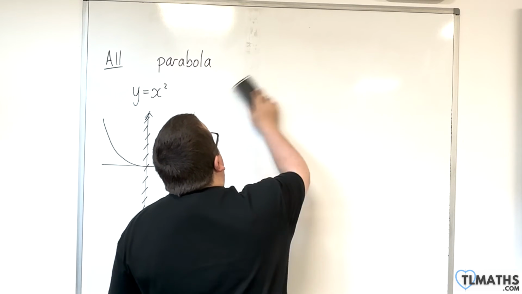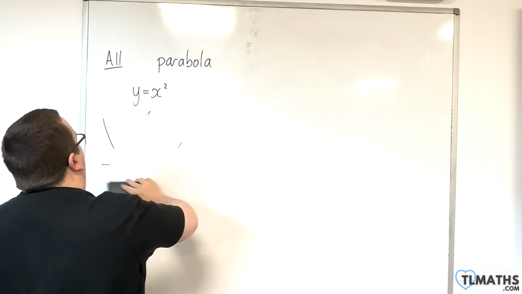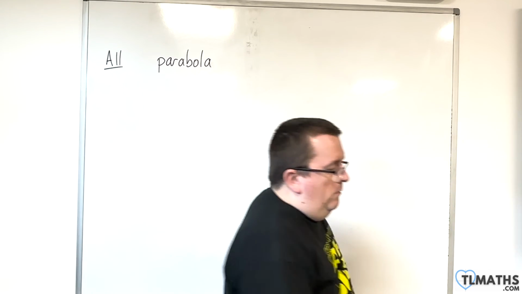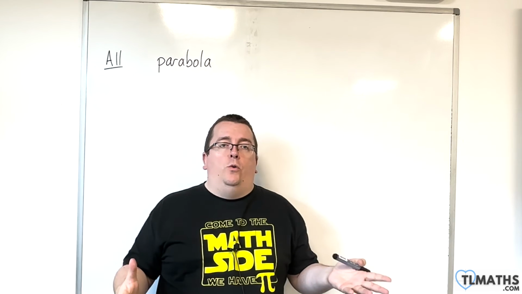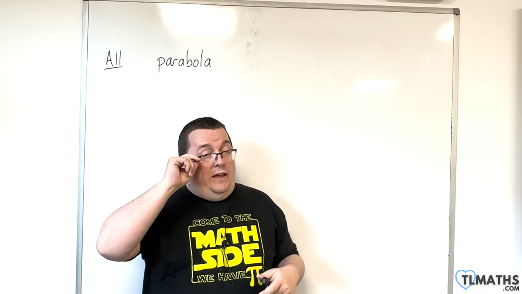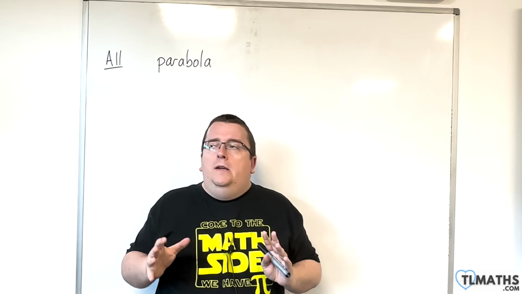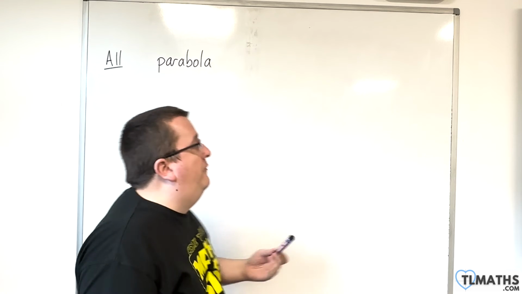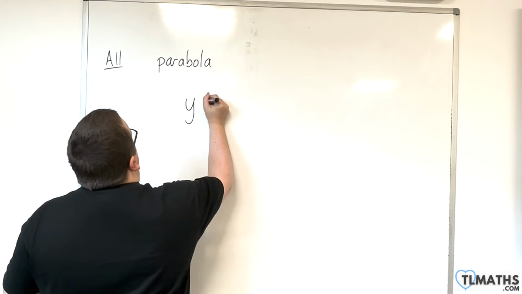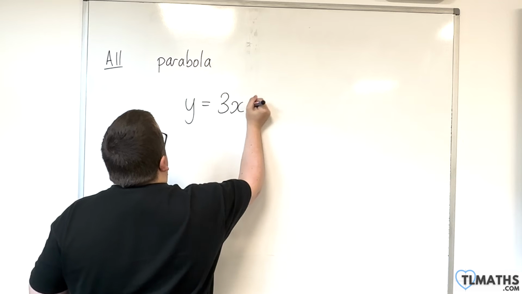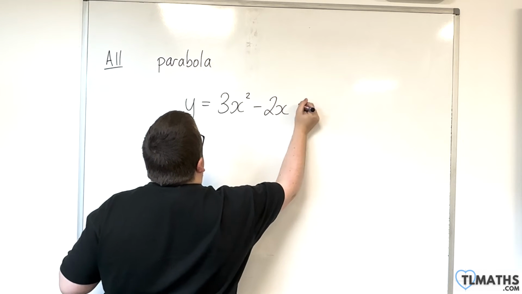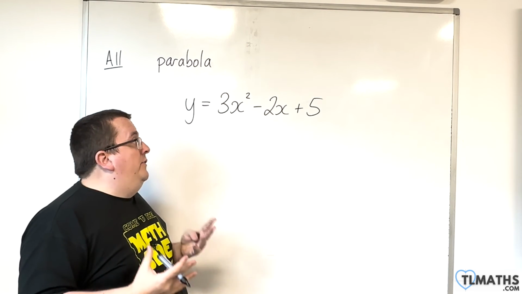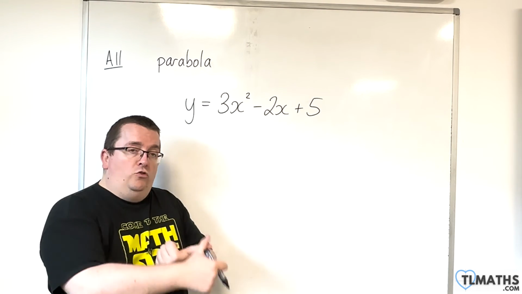So the key to this is, my expectation at this stage is that you won't know, if I write down an equation, what it's going to look like. Okay, that's not the expectation at this stage at all. What you need to know is that if I was to write down y equals 3x squared take away 2x plus 5, for example, you would understand that that is firstly a quadratic.